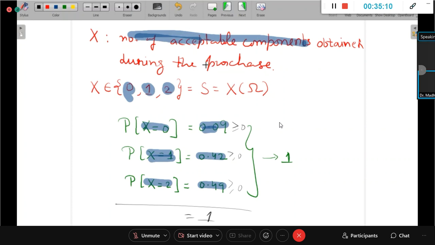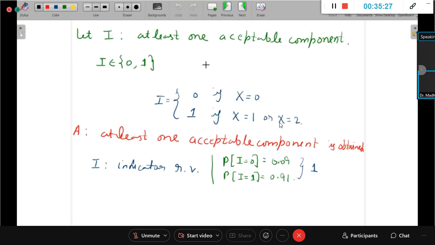So this is one definition. Instead of the number of acceptable components, you can define X as the number of defective components obtained during the purchase. Or, there is one very famous random variable known as the indicator random variable. Let's define it here.